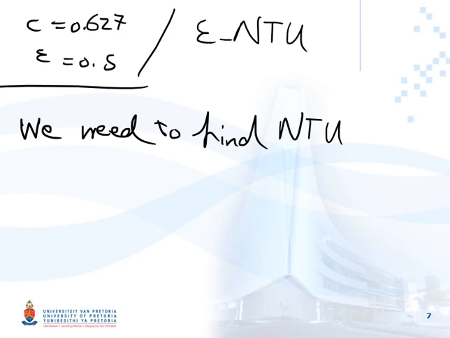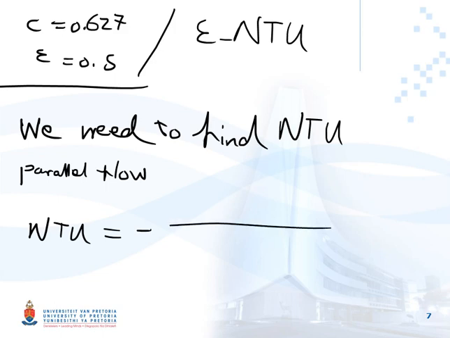But of course for this specific configuration, which is parallel flow. Okay, so if you go to table 11.5, you can see that for parallel flow it suggests using this correlation: the number of thermal units is equal to minus ln of 1 minus epsilon times (1 plus c), divided by 1 plus c.